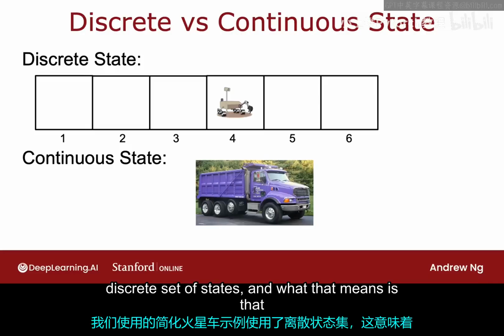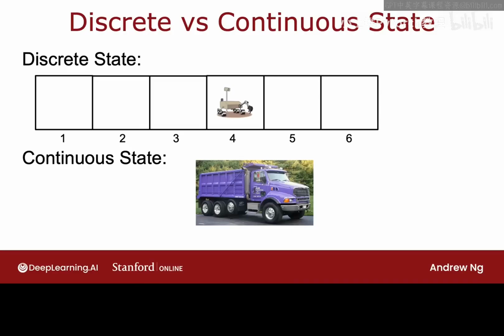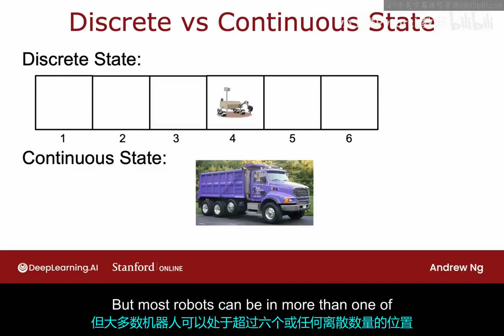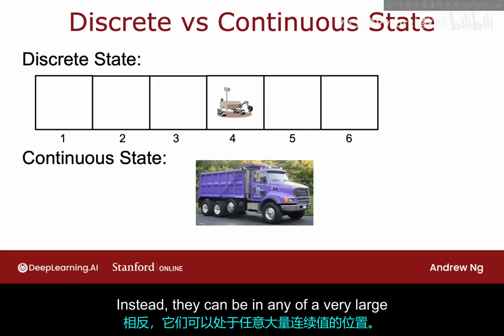And what that means is that simplified Mars rover could only be in one of 6 possible positions. But most robots can be in more than one of 6 or any discrete number of positions. Instead, they can be in any of a very large number of continuous value positions.